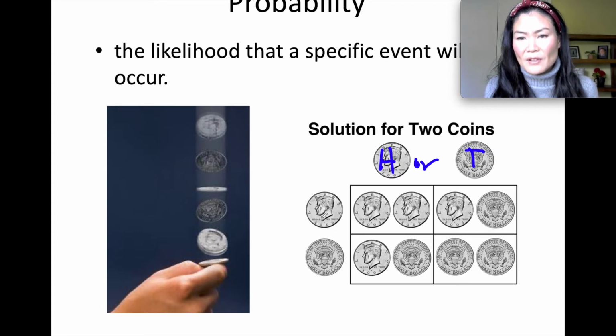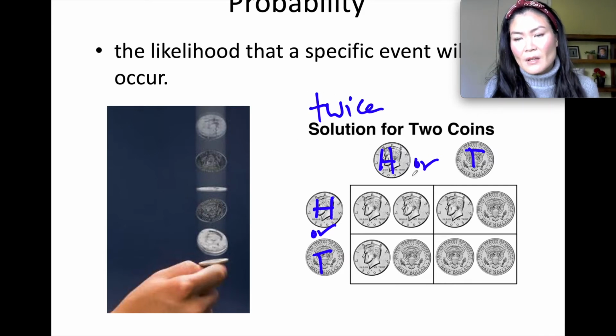The second flip, you flip the coin a second time, and what is the chance of getting heads or tails? Each time that you flip the coin, it's 50-50, heads or tails. So what is the probability that you're going to get heads and heads?